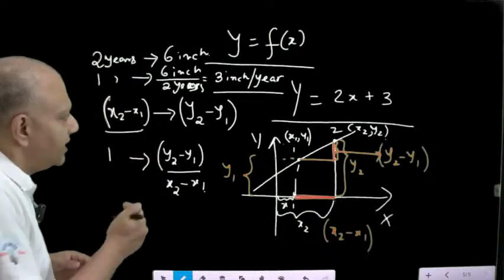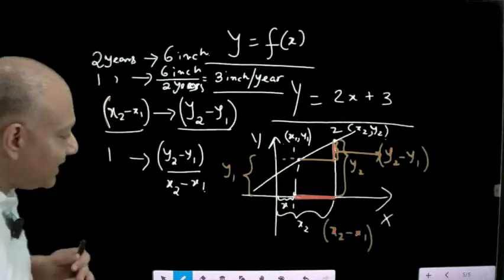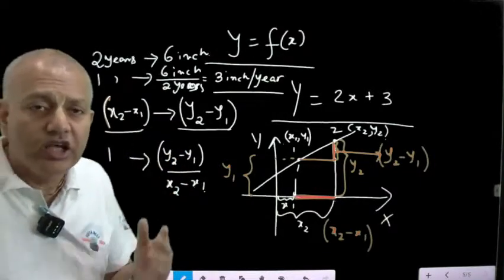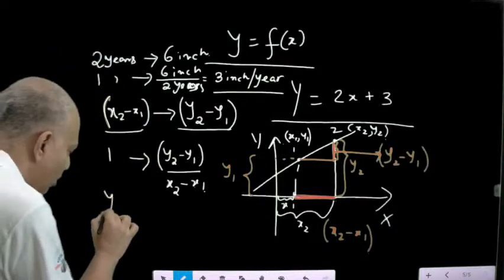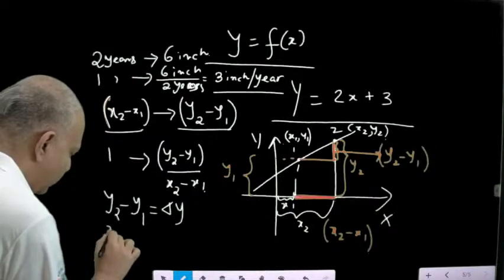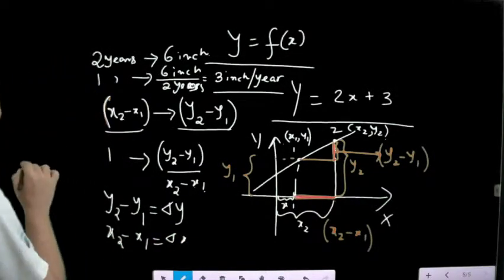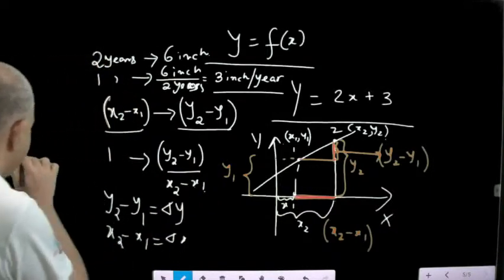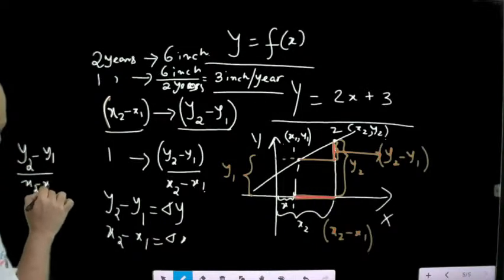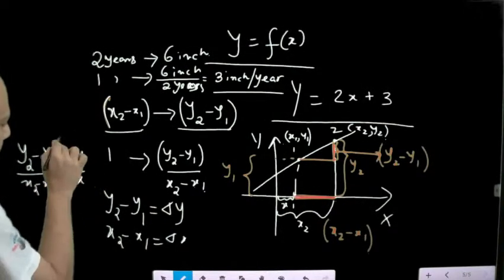Similarly, here the change of y is this much, the change of x is this much. The rate of change of y with respect to x is the change of y divided by the change of x. So let us think that y2 minus y1 is equal to delta y and x2 minus x1 is equal to delta x. Then y2 minus y1 divided by x2 minus x1 is equal to delta y divided by delta x, isn't it?